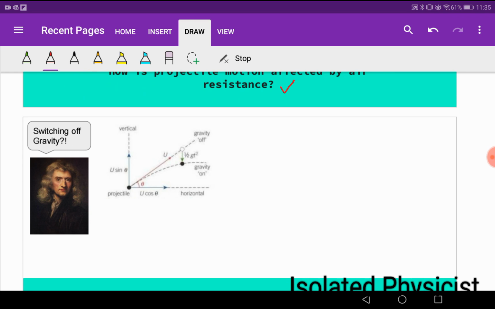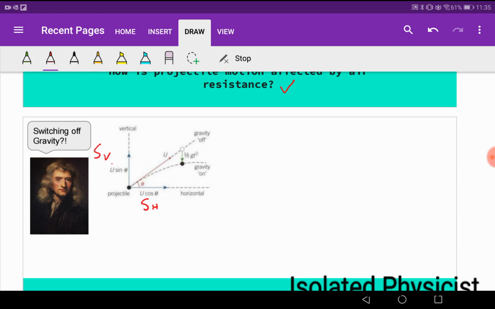On the x-axis, we've got the horizontal position of the particle. So I'm just going to call that S horizontal, and here we've got S vertical.